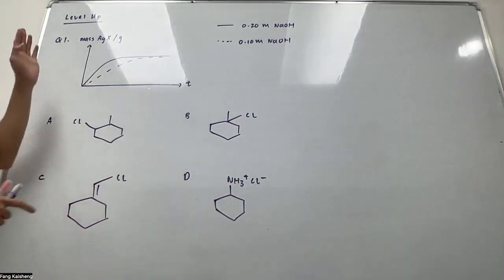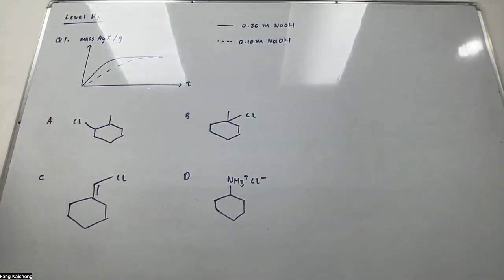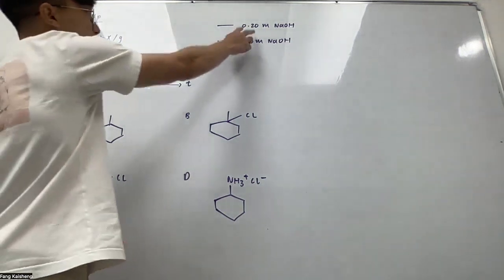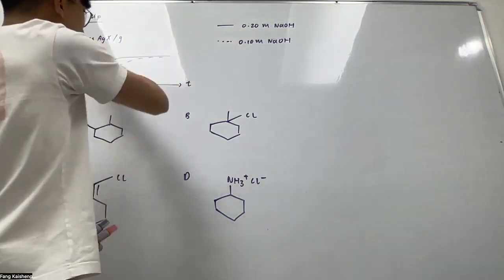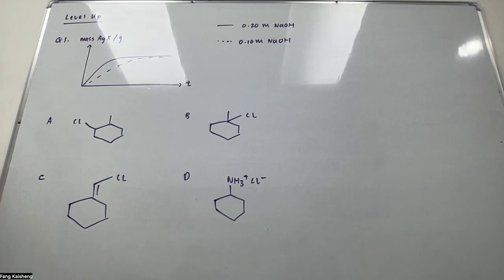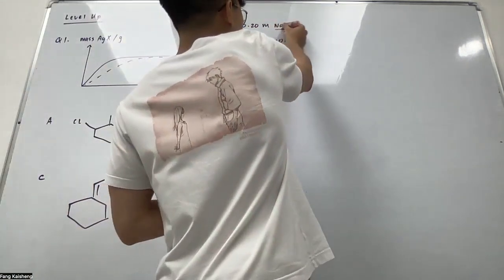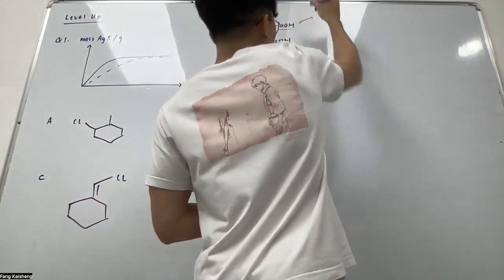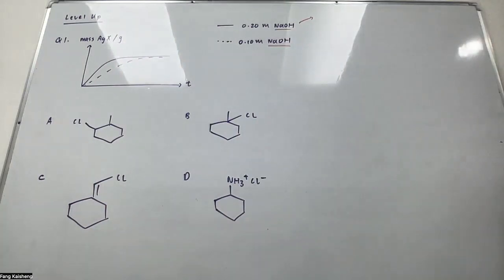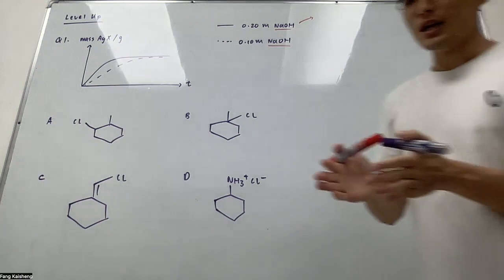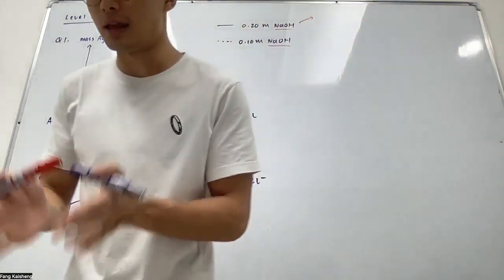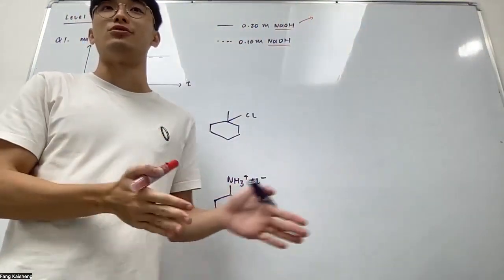So what is this graph trying to say? They use two different concentrations of NaOH, and somehow you get two different graphs. First of all, what is NaOH in this question? What is it acting as? You're taking a halogenoalkane and heating it with aqueous sodium hydroxide.